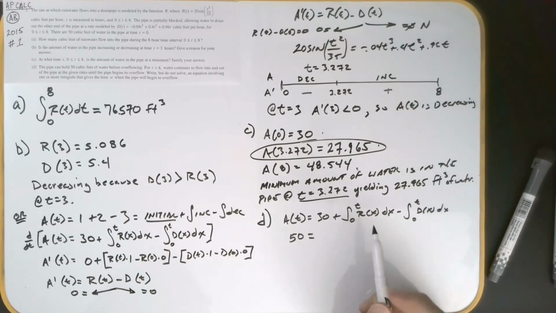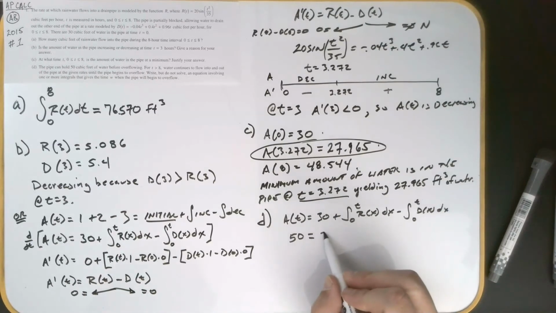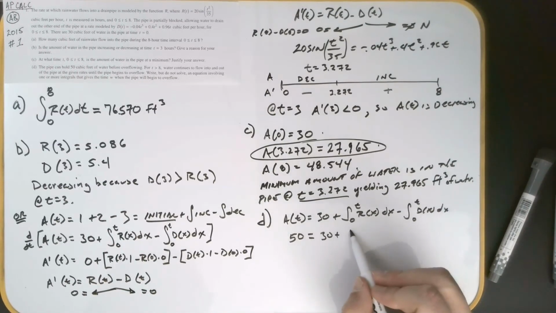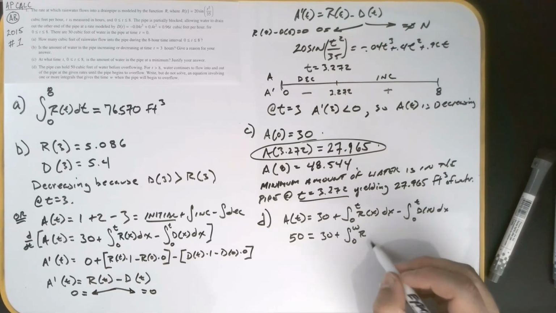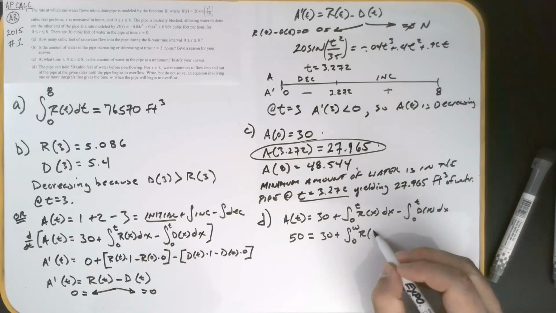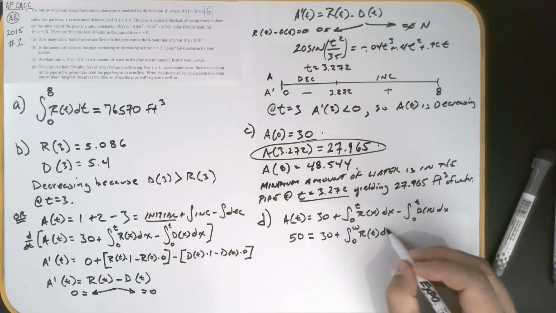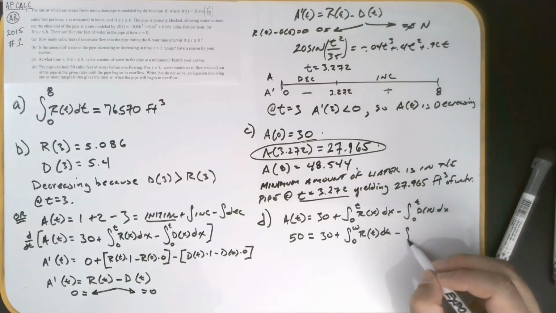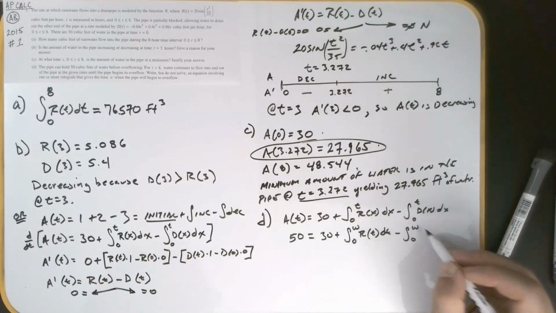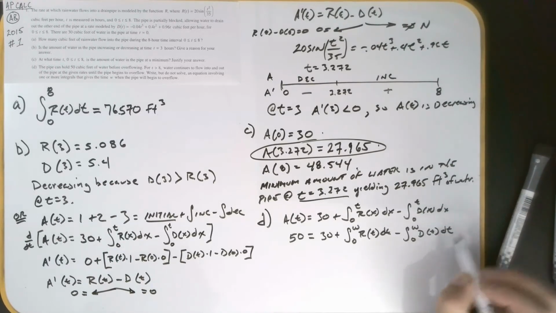So they want the t value to be the w value. So all we have to do, it's this easy. You just say, oh, well, I guess it'll be 0 to w of R of x, or you could make this t now. It's up to you. It doesn't matter. But we'll say, okay, well, that'll be R of t dt if you want, minus the integral from 0 to w of D of t dt. And again, you could have left those x's.